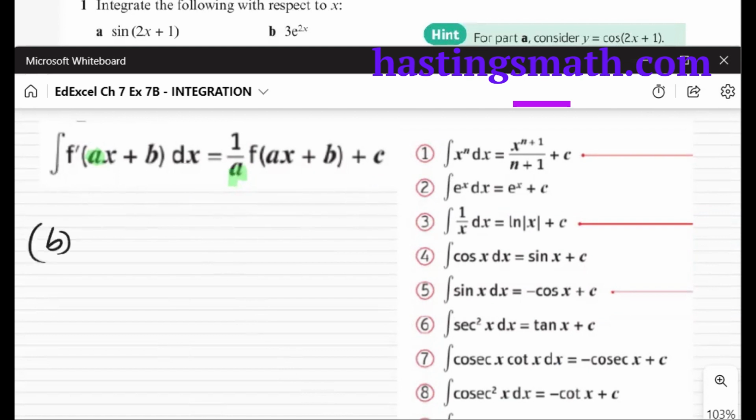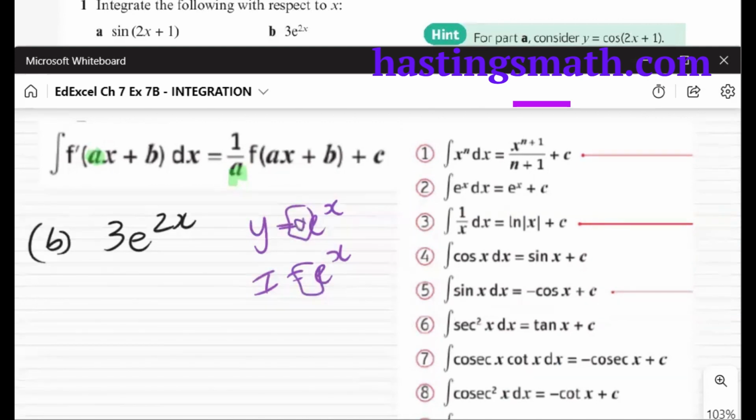So B states 3e^(2x). If we use the same way of thinking, if we had y equals e^x, then we know that the integral is still going to be e^x. So there's no problem there. We also know that if there's any constant value here, it just comes down, so that takes care of the 3.